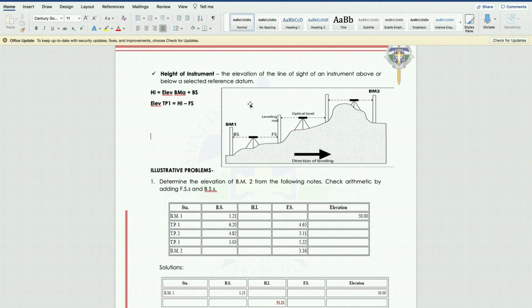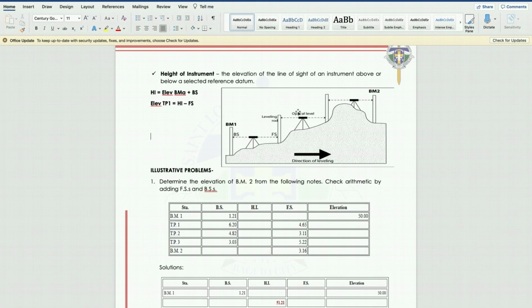For example, we have here benchmark 1. We know the elevation here. Now to get the elevation of BM2, we are going to have the location of our stationing. For example, we have here the elevation of 50. 50 plus the backsight is equivalent to the height of the instrument. Height of instrument minus the foresight is equivalent to the elevation at this station.